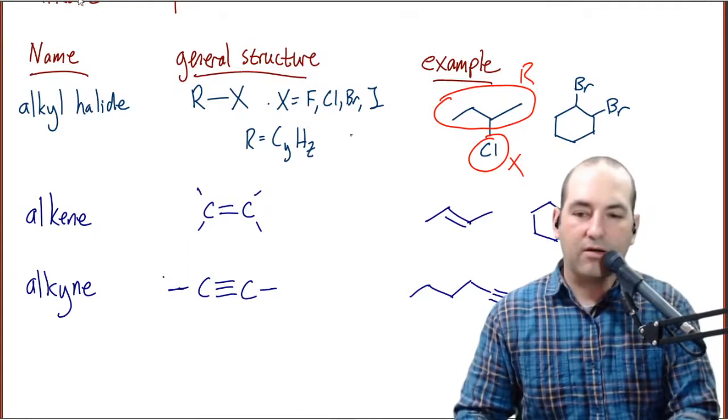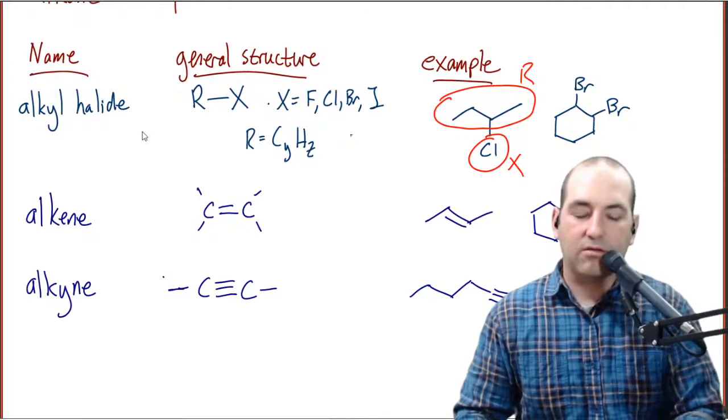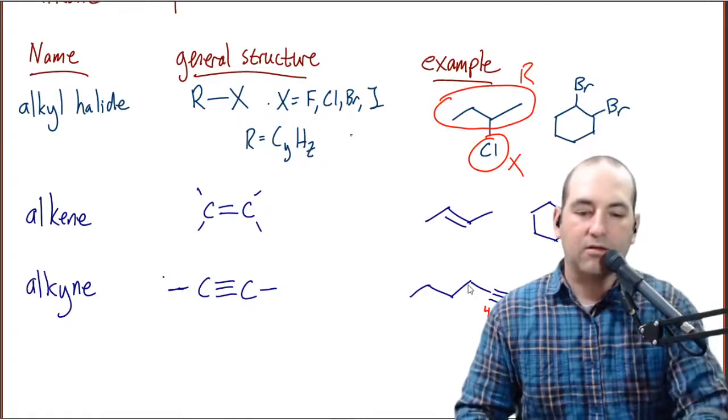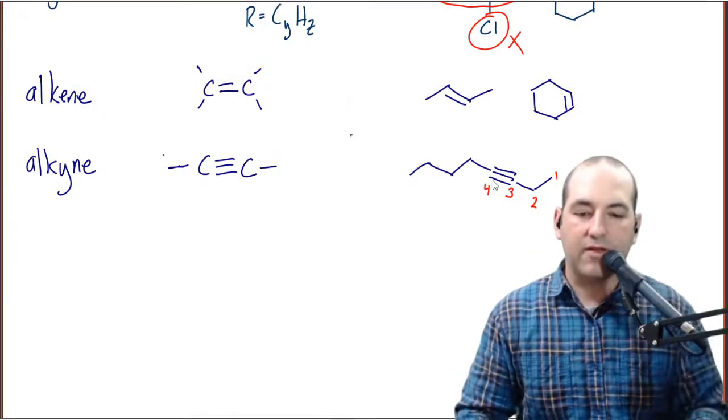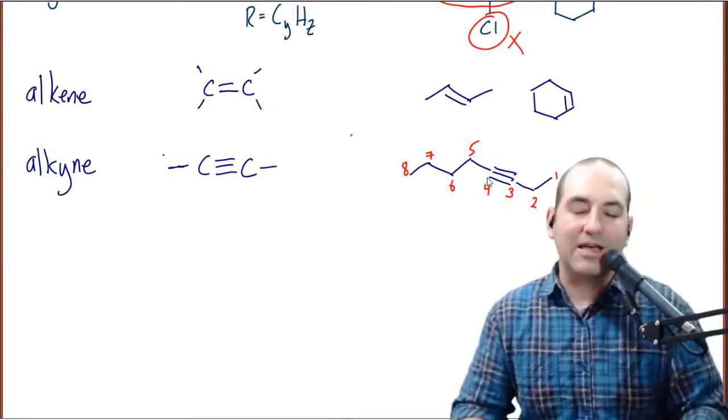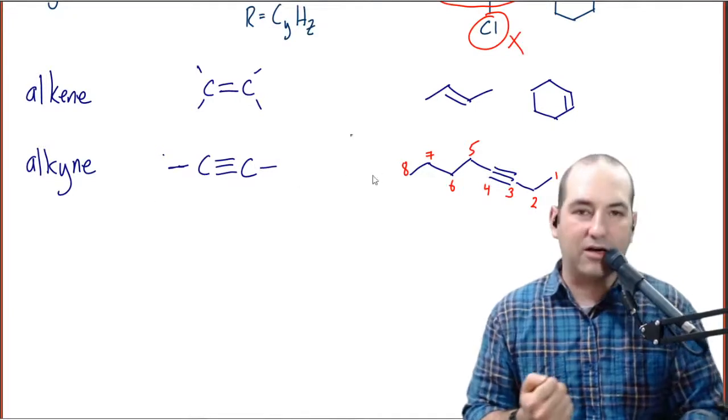So if we're going to label our carbons here, 1, 2, there's a carbon on this side of the triple bond, and this side, on the left side, and then carbon 5, 6, 7, and 8. So there's 8 carbons here, but 3 and 4 don't zig and zag because alkynes are straight.